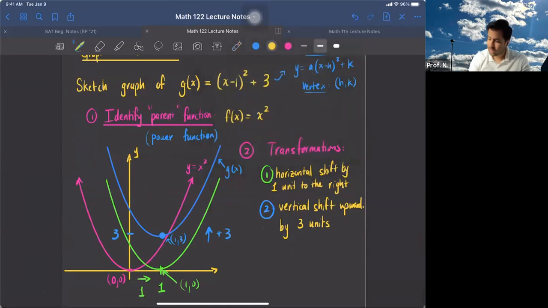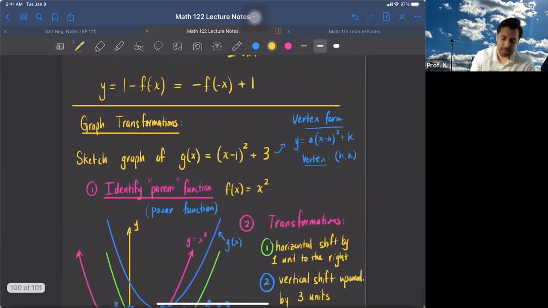Good. I hope so. Okay, good. So we did that, graph transformations.